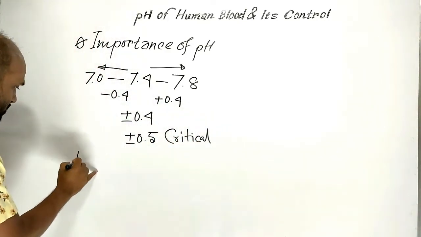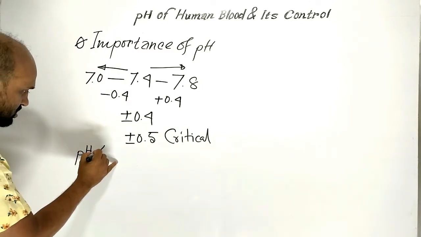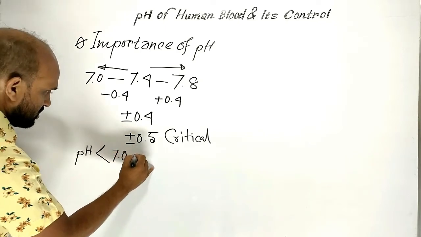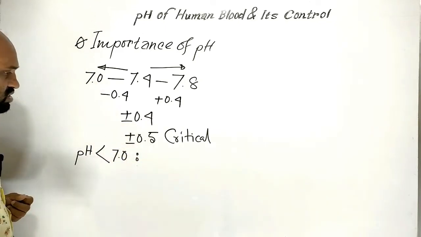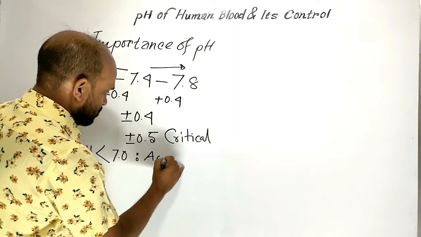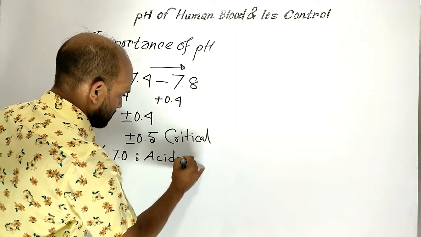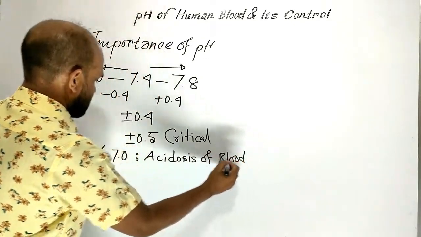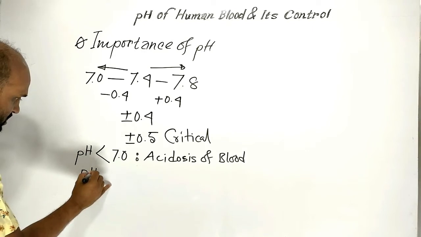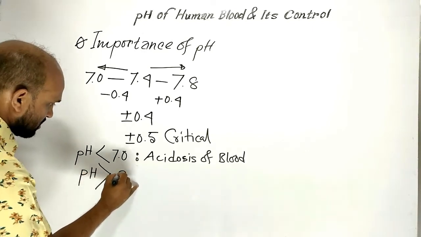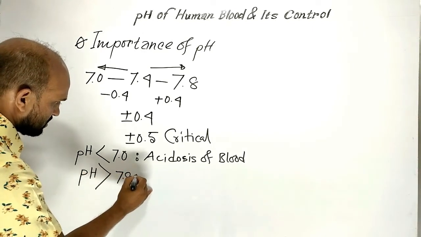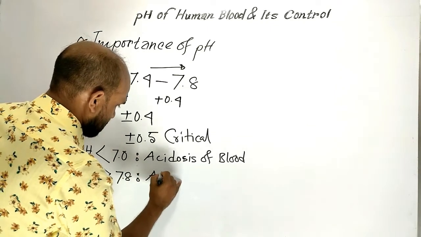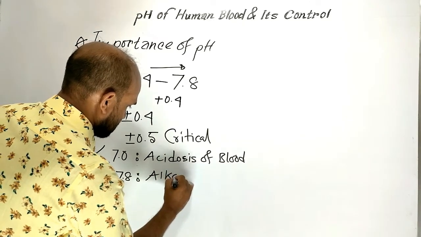When pH value is less than 7.0, then this condition is known as acidosis of blood. And when pH is greater than 7.8, then this condition is known as alkalosis of blood.